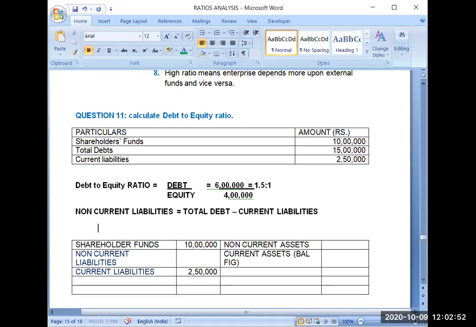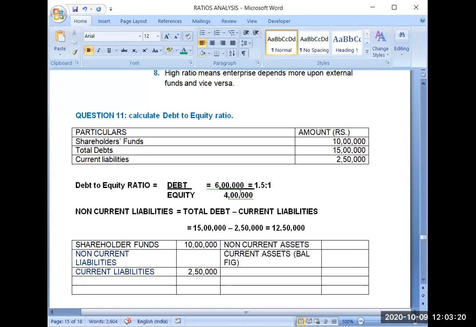If I calculate it, total debt is 15 lakh minus current liabilities 2,50,000. So my non-current liabilities will be 12 lakh 50,000, meaning my debt will be 12,50,000.